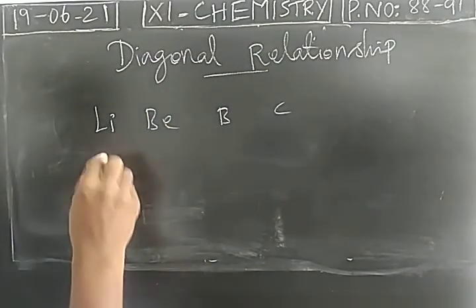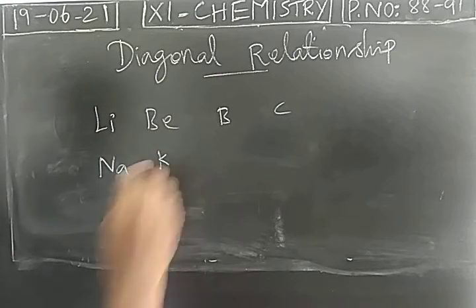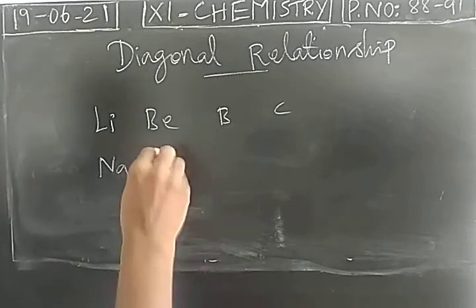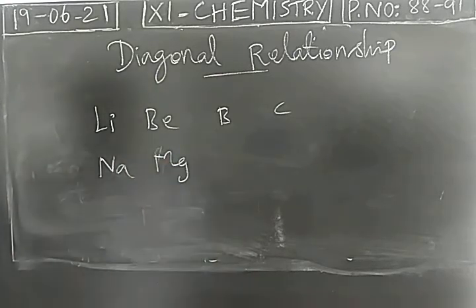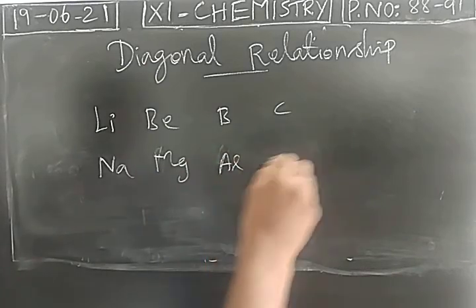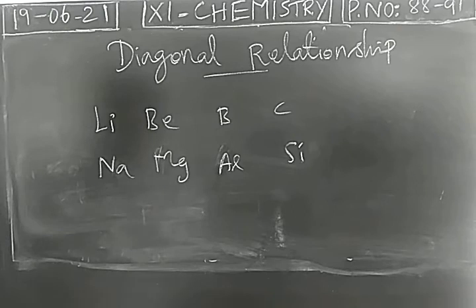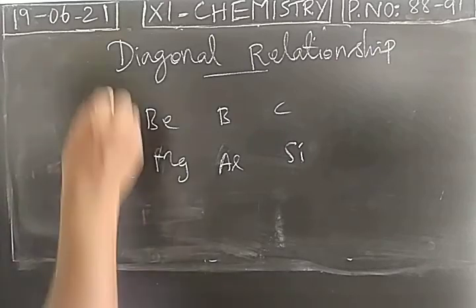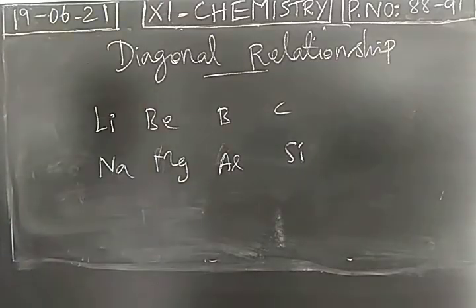Third period elements: sodium, magnesium, then aluminum, silicon. So you can take second and third period elements. We know that elements in a group will have similar properties. Lithium and sodium are alkali metals, properties will be the same. Beryllium and magnesium are alkaline earth metals, properties will be the same.